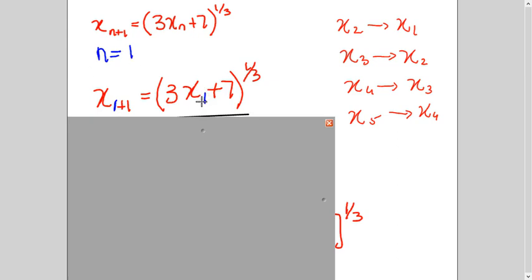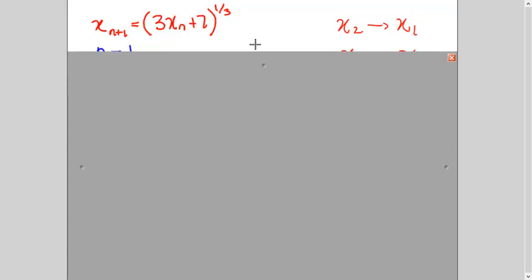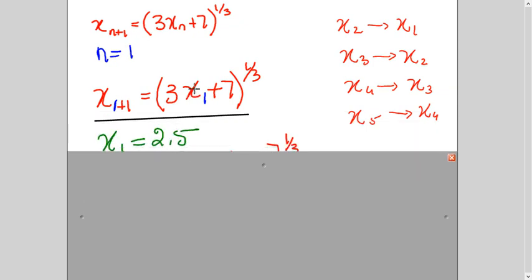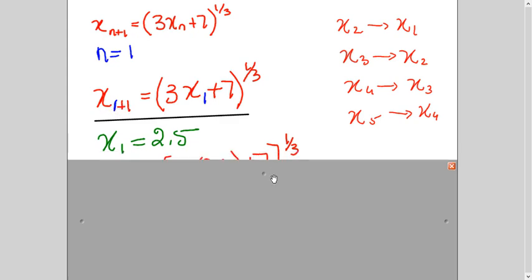So what actually happens in this formula when you take n equals 1? Your first value is 1. Here it is x2 now, and x1 is given to you in the question. So x1 is given as 2.5. This value of 2.5 you will plug in here and solve it. When you solve it, the answer you get is x2, because this is 1 plus 1. Agreed?